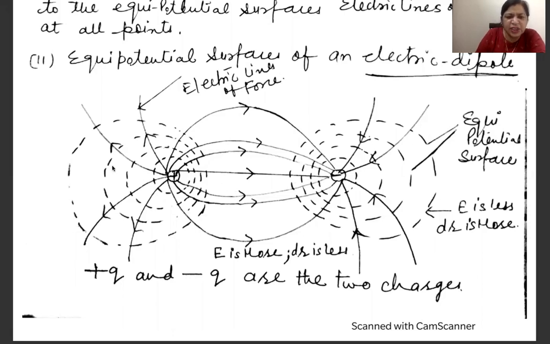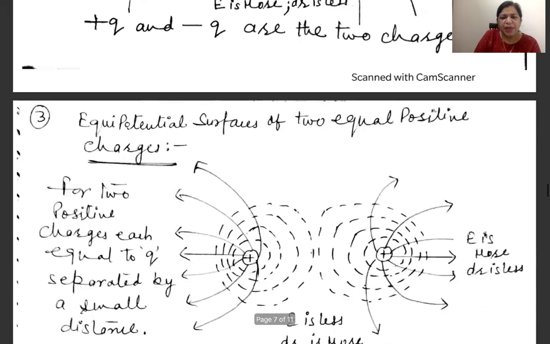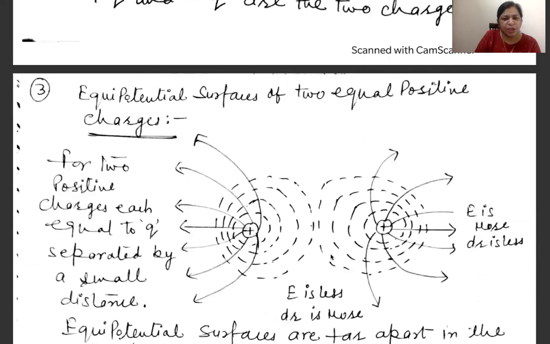And in these regions, as the electric field is weak, the spacing has increased. So you can see if E is more then dr is less, and E is less in these regions, so dr is more.